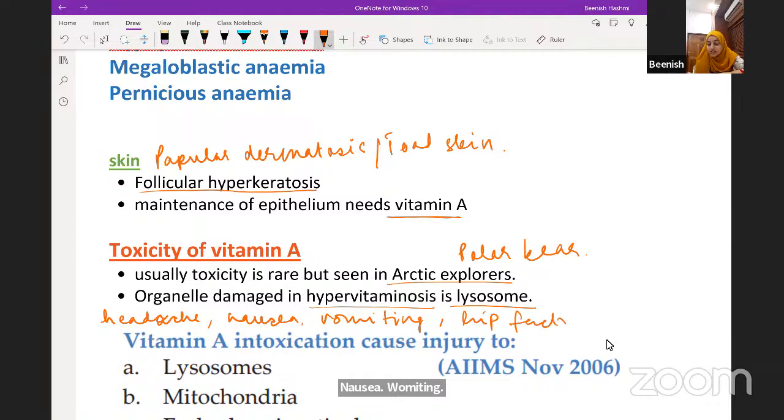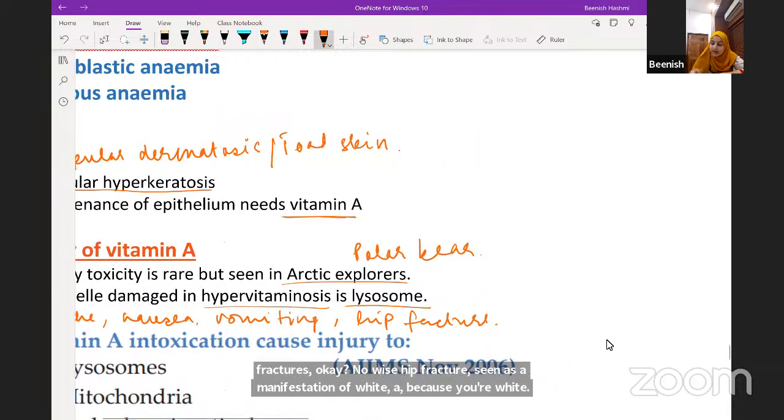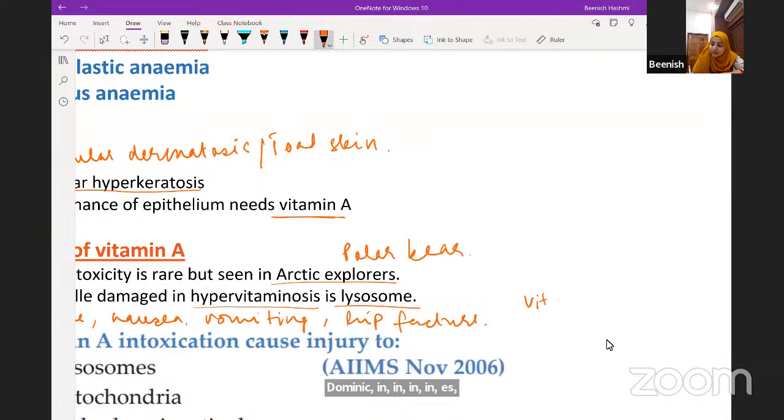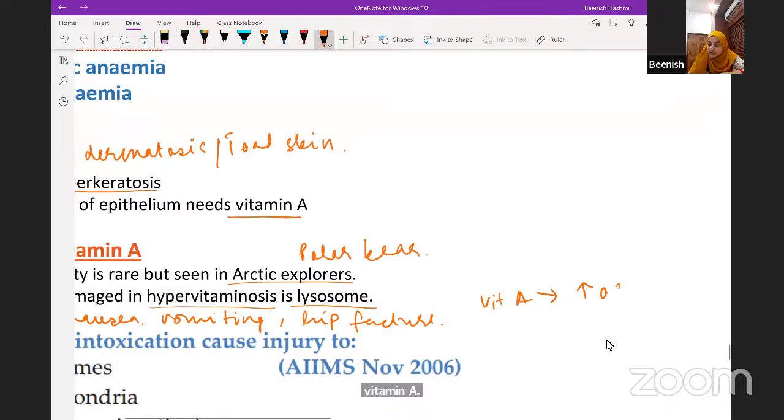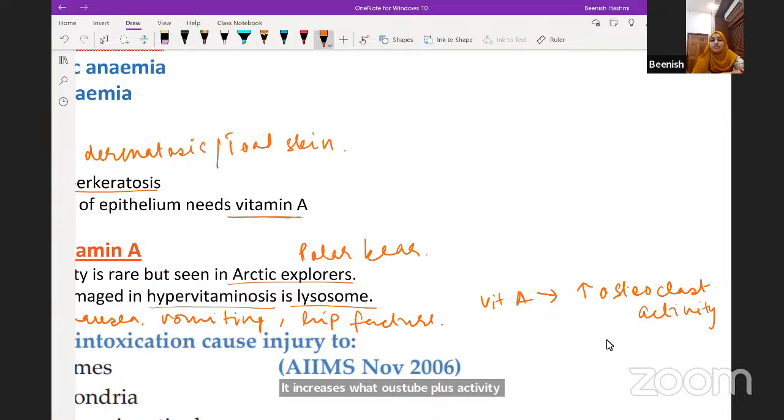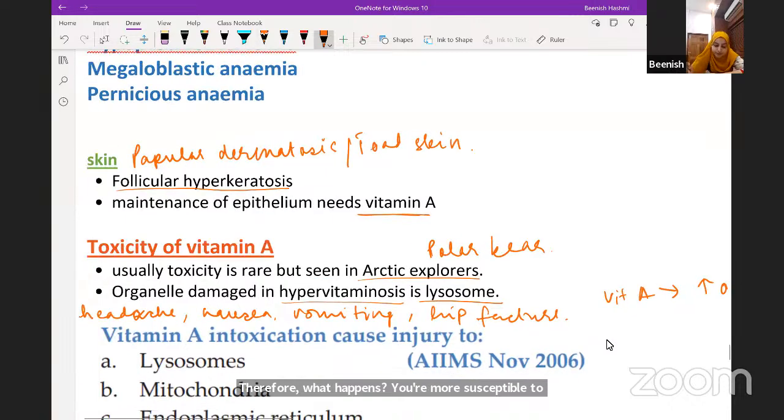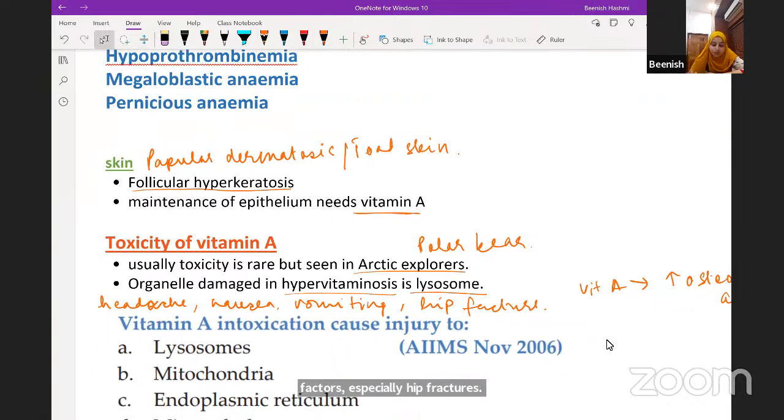Now why are hip fractures seen as a manifestation of vitamin A toxicity? Because vitamin A increases osteoclast activity, so there is increased resorption of bones. Therefore, you're more susceptible to fractures, especially hip fractures. So that was about toxicity of vitamin A.